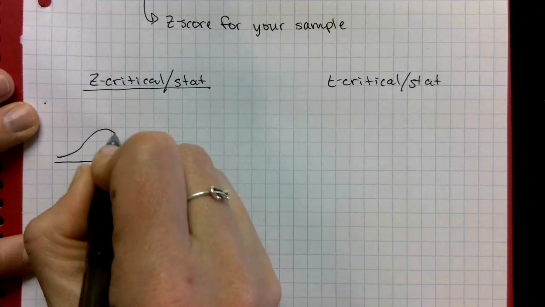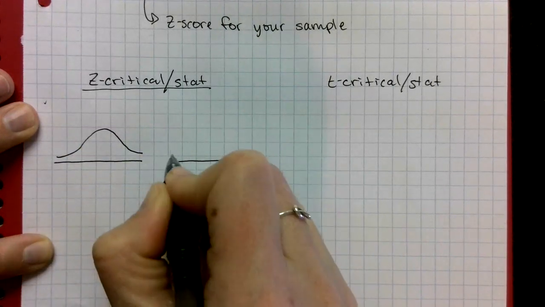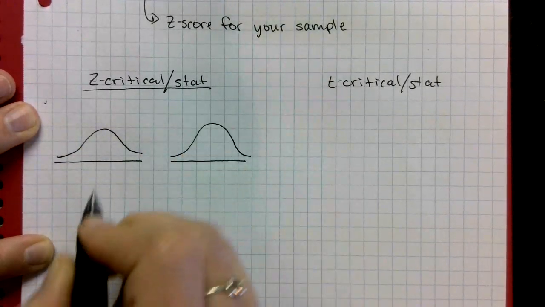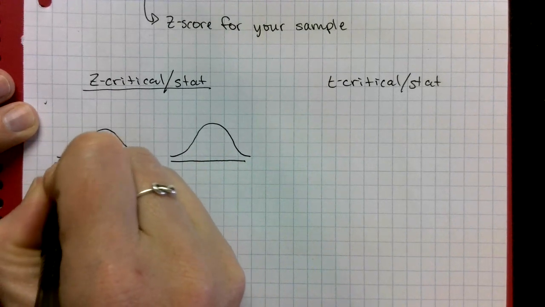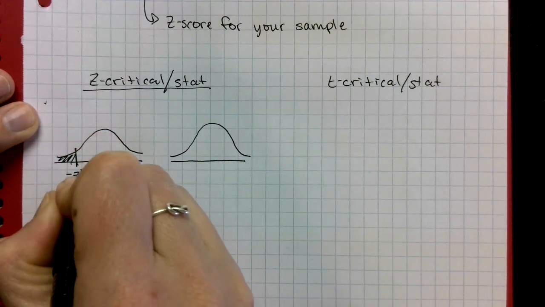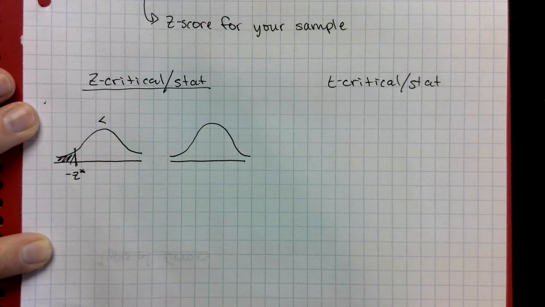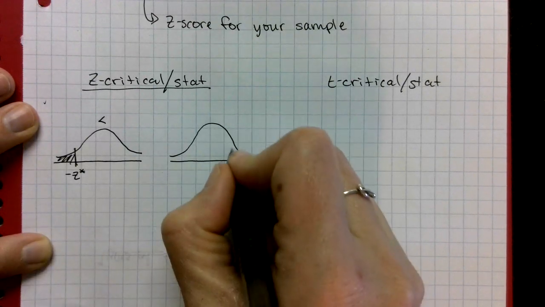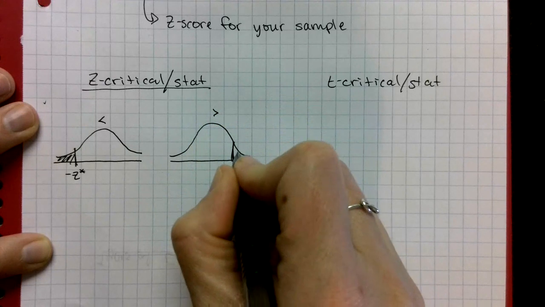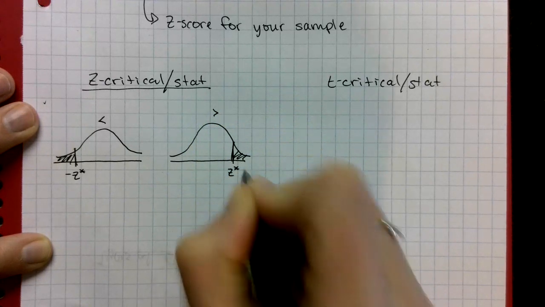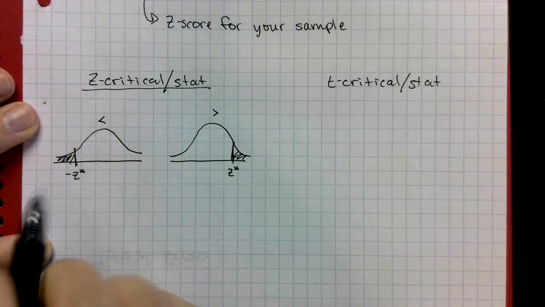Is it a one-tail test or a two-tail test? And then if it's one tail, which tail is it? So over here, if it's on the left side, so if it's a less than, that is a left tail test. So one tail, left side, so left tail test. If it's on the right side, that's your greater than. Here's our z-critical. It's a one tail, right tail test.